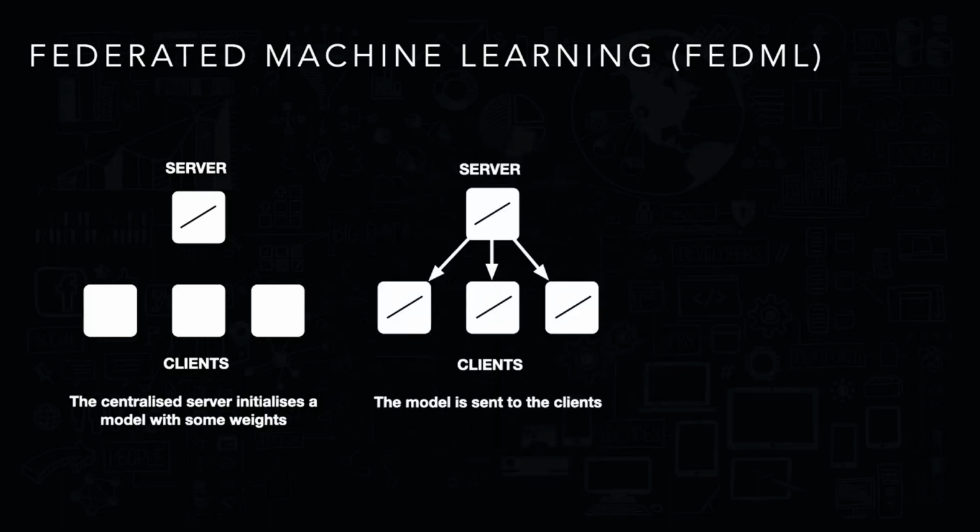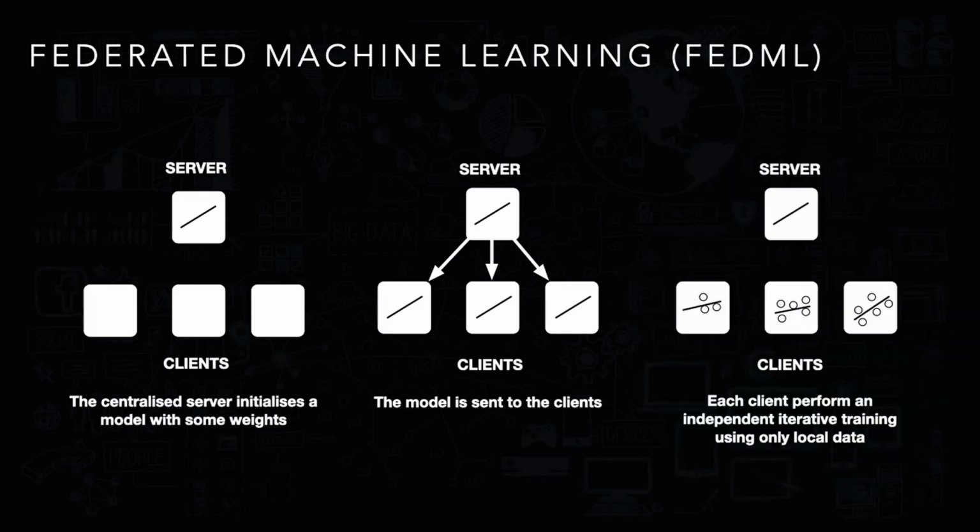The server shares this model with the clients, and the clients use local data to train a model locally. So each client will produce a different model, and they do not share the data to the server, neither to other clients.